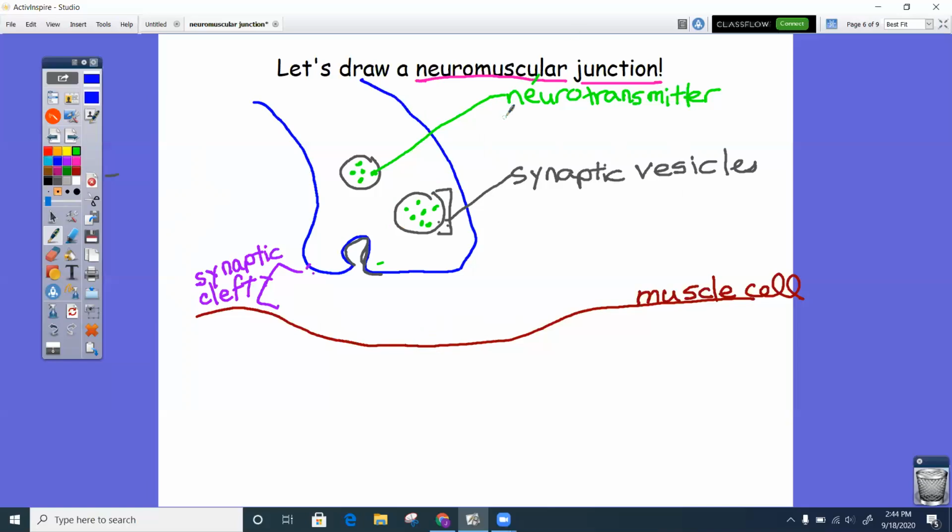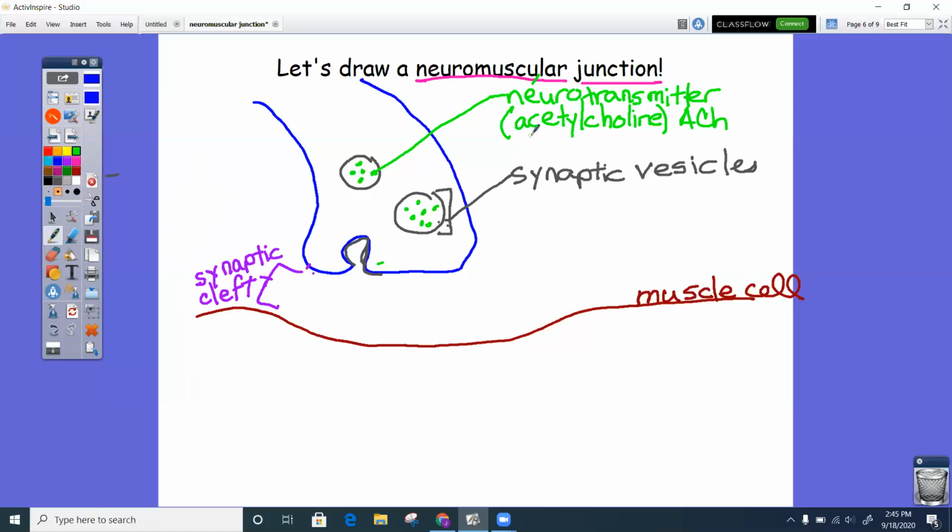Now the specific one that's involved here, since we are dealing with a neuromuscular junction, is called acetylcholine. Sometimes that can be abbreviated ACh. However, you can't abbreviate it from the get-go.